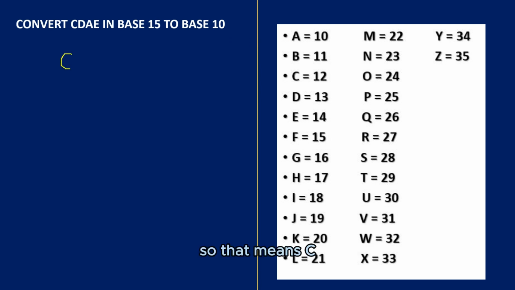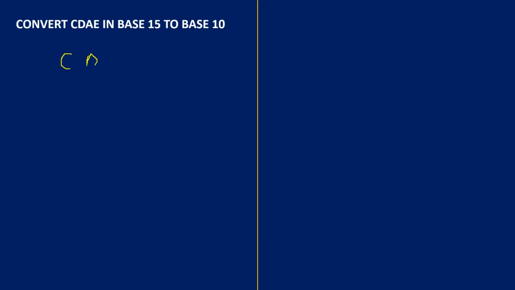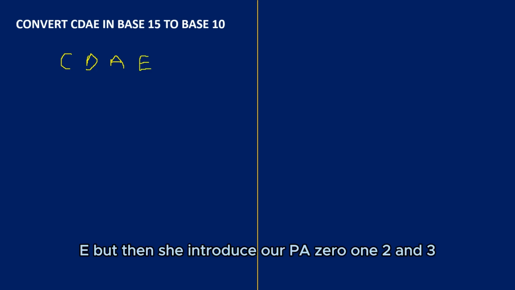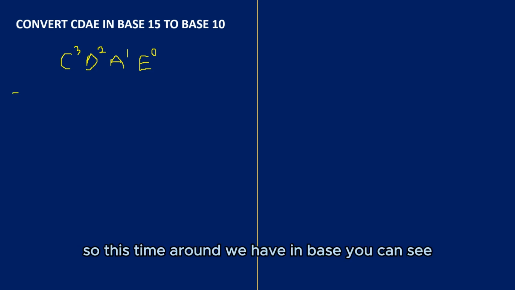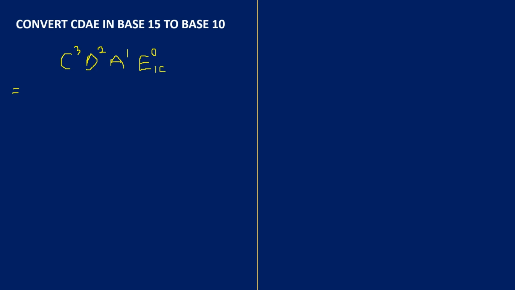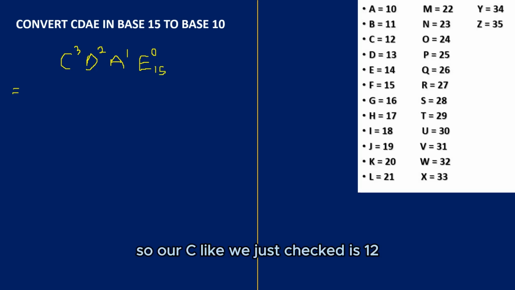So that means C, D, A, E. We're going to introduce our power 0, 1, 2, and 3. So this time around we're having base 15. So our C, like we just checked, is 12.